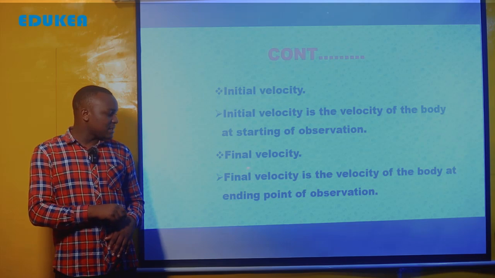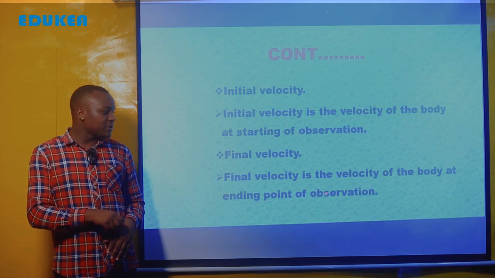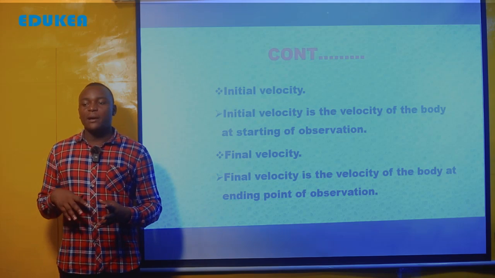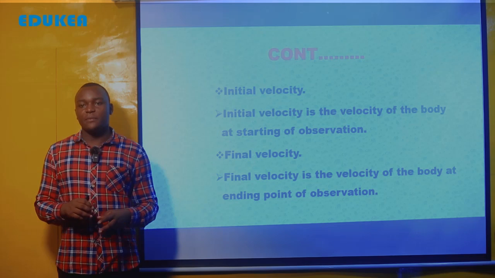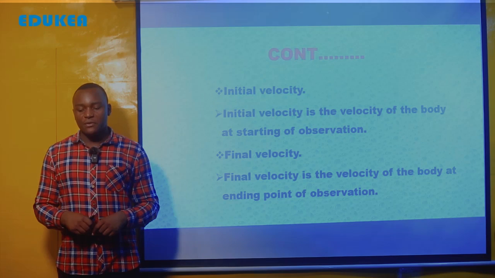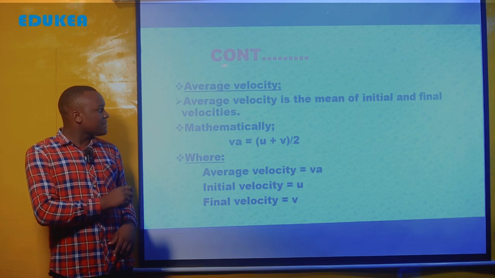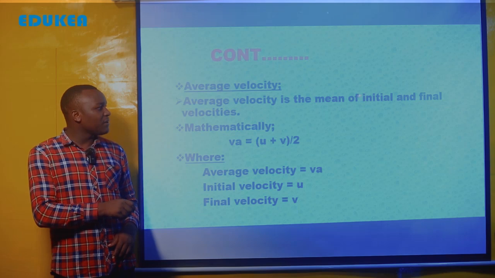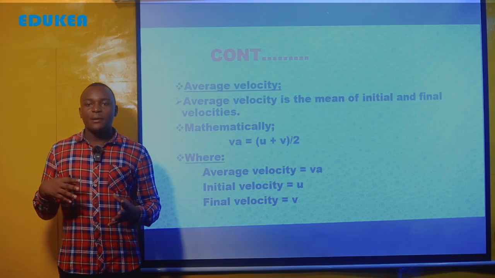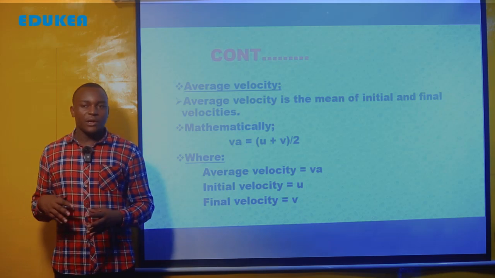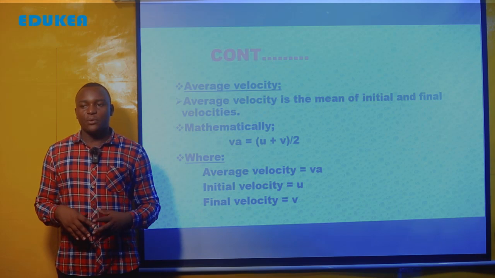Kwamba body imeshafanya mjongeo, ile point ya mwisho pale tunapo observe ile body ndio tunaita ni final velocity. Lakini pia tunasema average velocity is a mean of initial and final velocity. Kwamba ukichukua initial velocity ukajumlisha na final velocity then ukagawanya kwa 2, hapo utakuwa umepata average velocity.